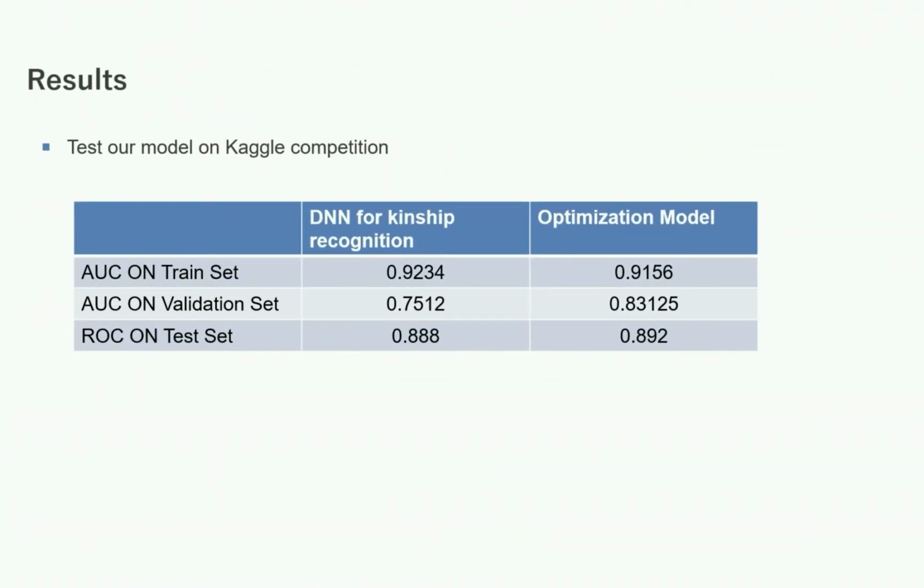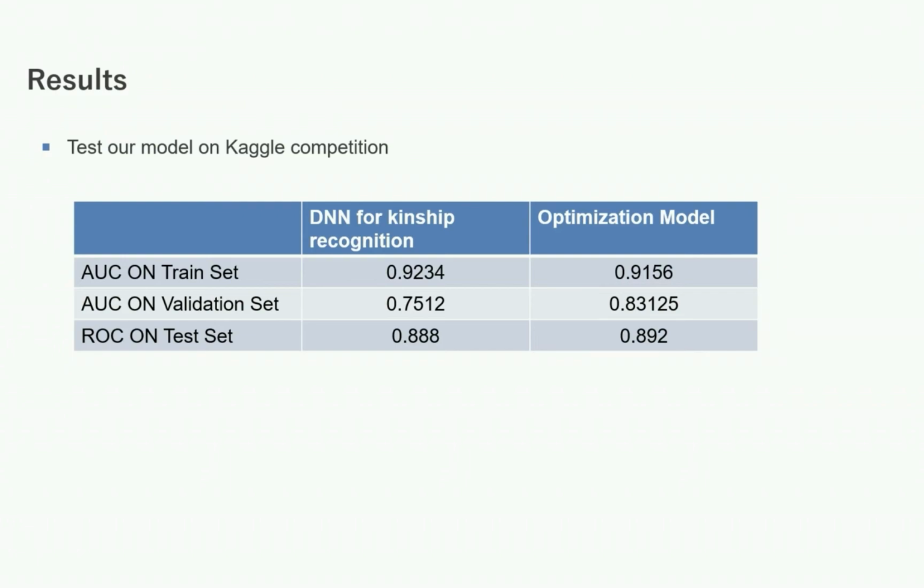We are very happy to see we get a good result from the proposed models. The accuracy of both models on the train set is over 90%, and the accuracy on the validation set of the foundation model is 0.07512, and the optimized model is better.